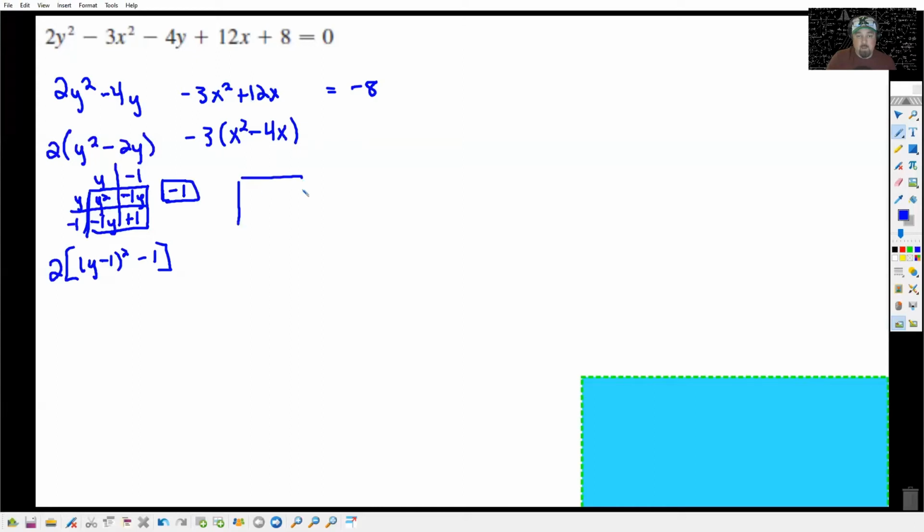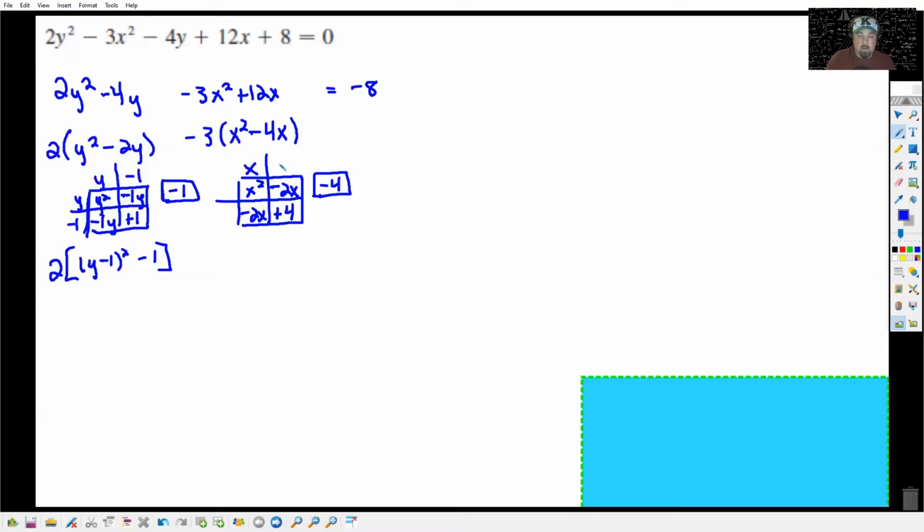Box with the extra box to factor this. And let's see, we're going to put the x squared here. Split that negative 4 in half, gives us negative 2x and negative 2x, and negative 2 times negative 2 is positive 4, which means I need to balance that with a negative 4.